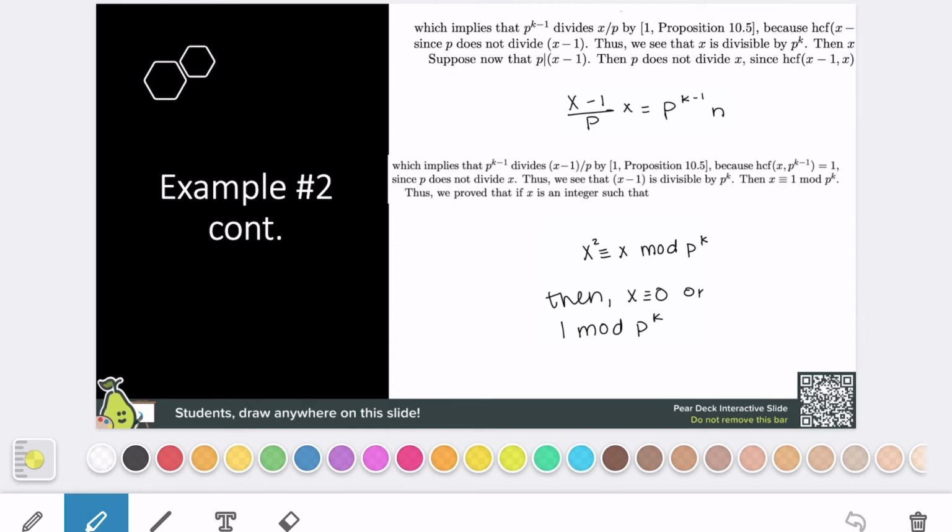Since p does not divide x minus 1, we can see that x is divisible by p to the power of k.